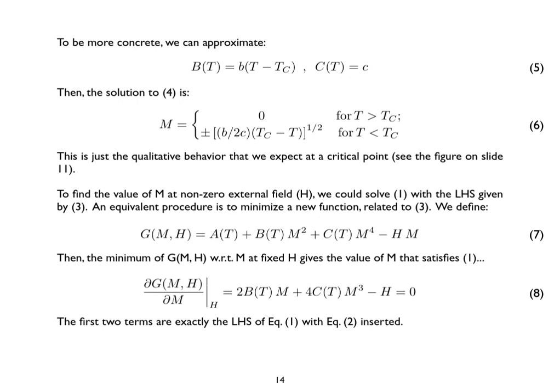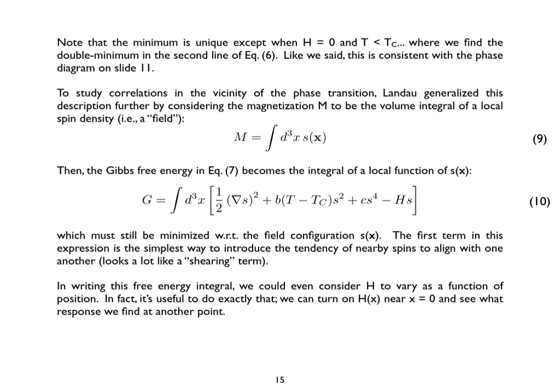And then you can go on, you can add in an extra magnetic field, so on and so forth, right? So he said, okay, to study this type of phenomena, it might be better to introduce this spin field or spin density field, and then write the magnetization in terms of a volume integral of that. Right?